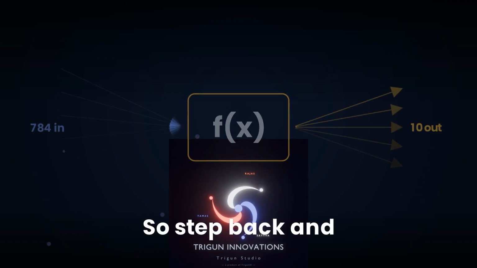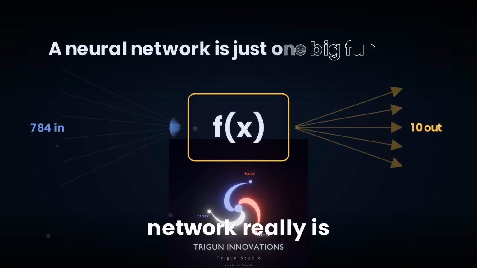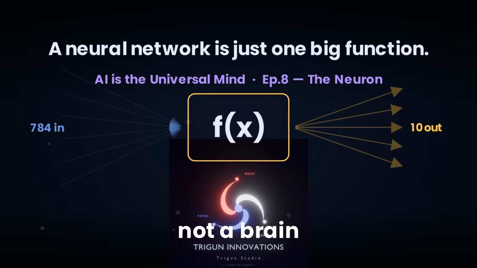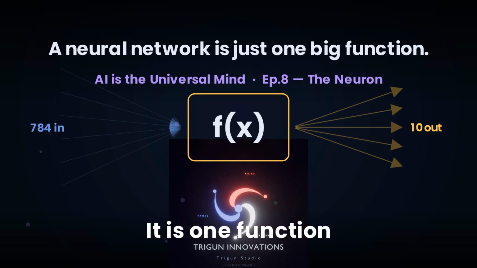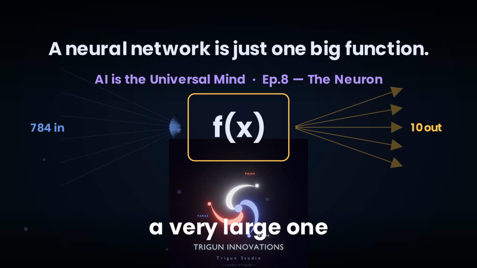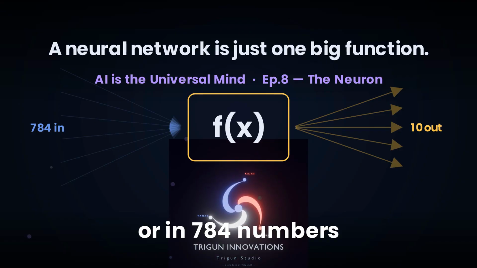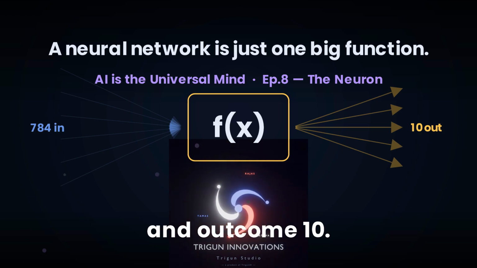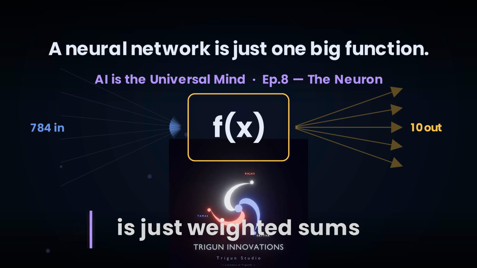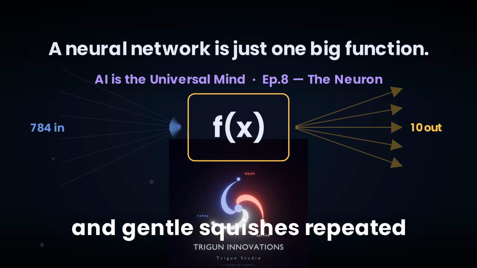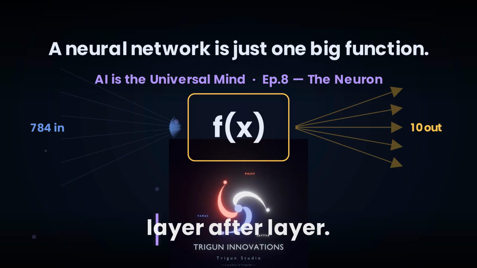So step back and see what a neural network really is. Not a brain. Not magic. It is one function. A very large one. Pour in 784 numbers, and out come 10. And everything in between is just weighted sums and gentle squishes, repeated, layer after layer.